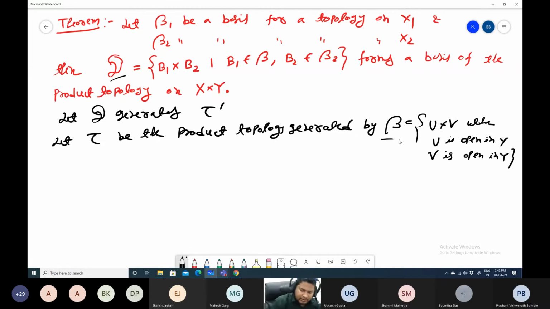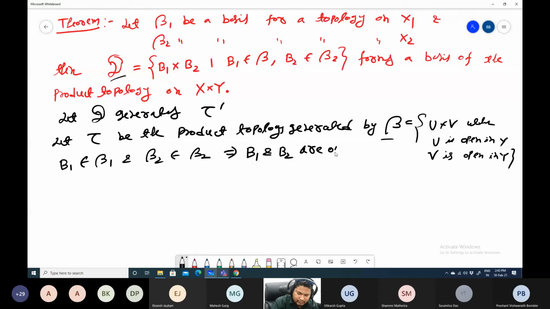Now note that since B1 is from beta 1 and B2 is from beta 2, B1 and B2 are open in X and Y respectively, because each basis element is open, right?